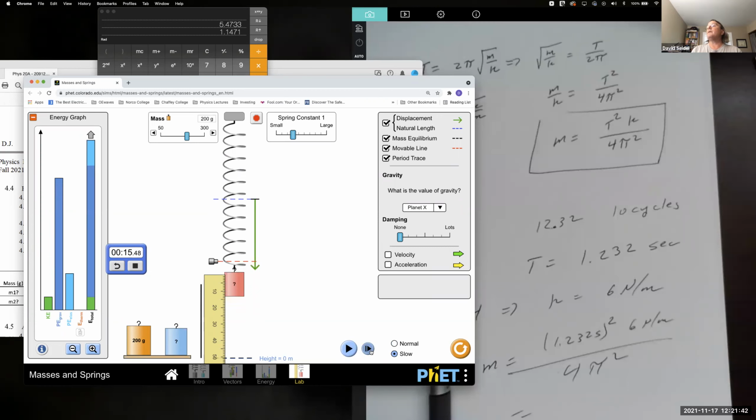Now move it up. 15.62, 1.562. So you can do the top side, you can do the bottom side. You could change your spring constant and draw the equilibrium position up higher. This is obviously a heavy mass.